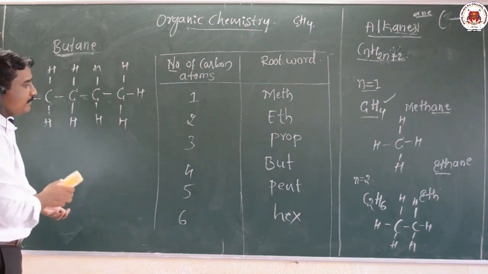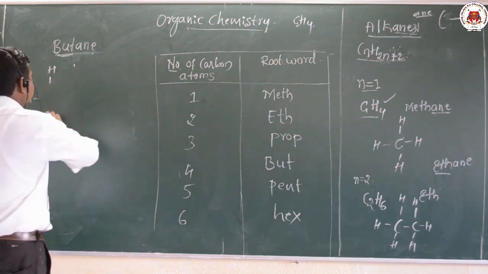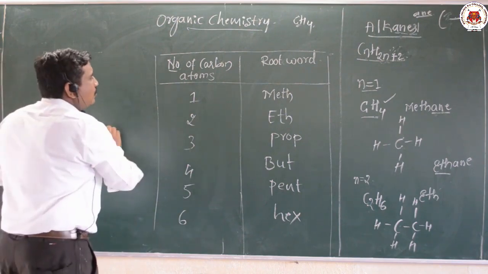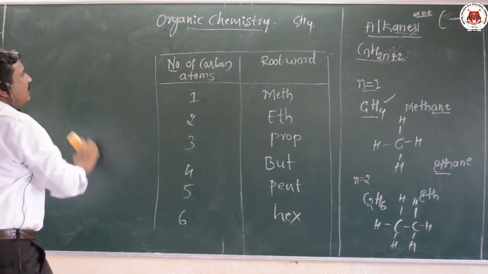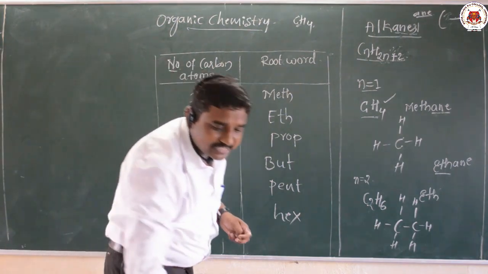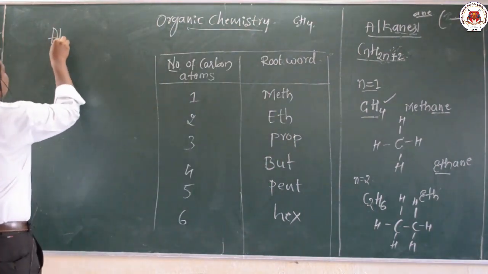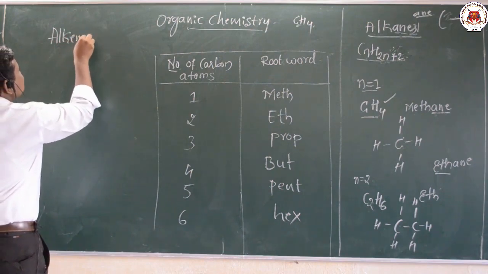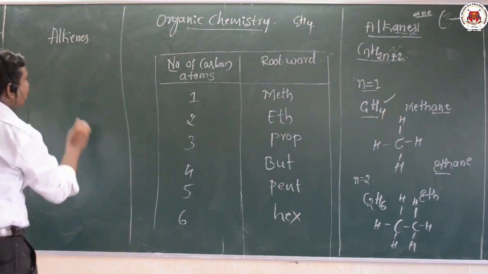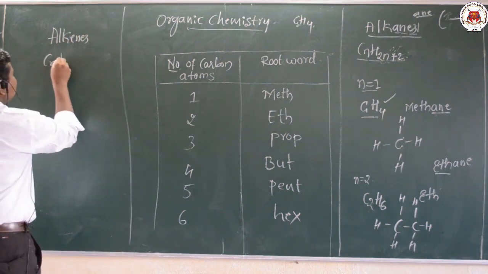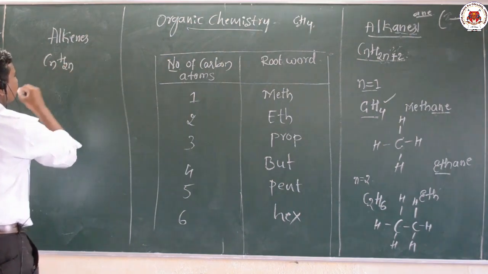Okay. So now let us move to the nomenclature of alkenes. So alkenes, you know that alkenes have a general formula CnH2n.